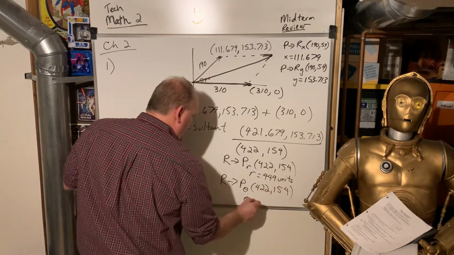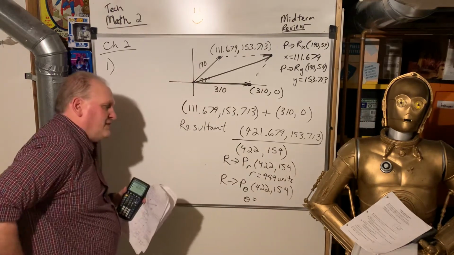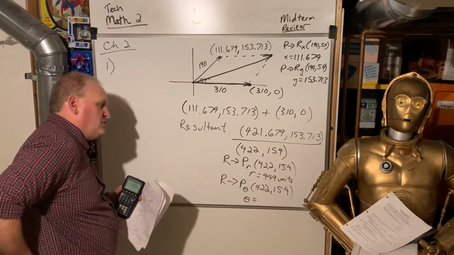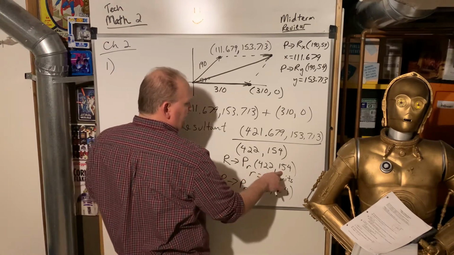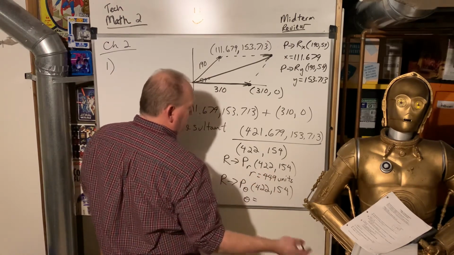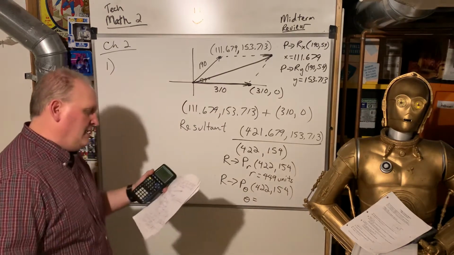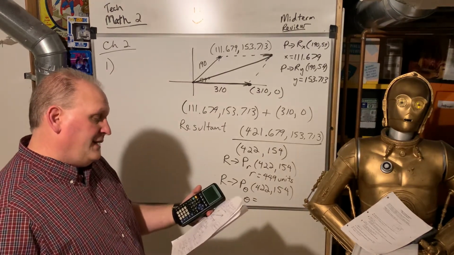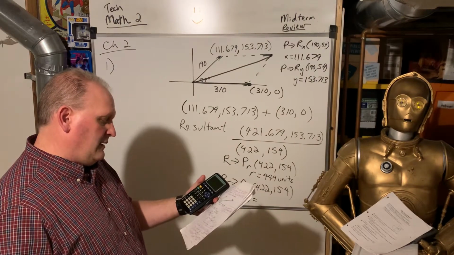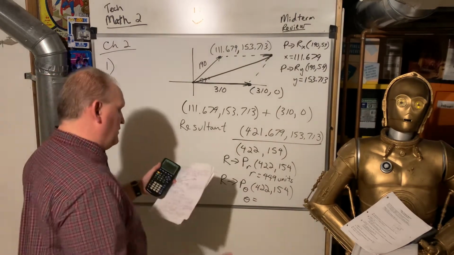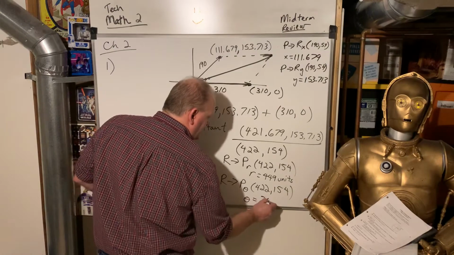And theta, you could do the arctangent if you wanted of 154 over 422. You could also use Pythagorean theorem, do 422 squared plus 154 squared, add them together and take the square root. That would give you the 449. And so from rectangular to polar, we end up with 20.048 or 20 degrees.